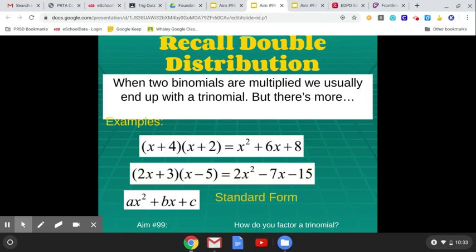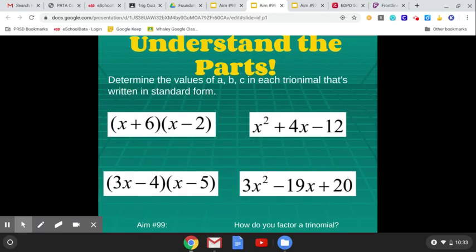Take a look at a couple of problems that I've already multiplied, x plus 6 and x minus 2. I want you to notice the values that you get when you multiply. This is plus 4 and this is minus 2.